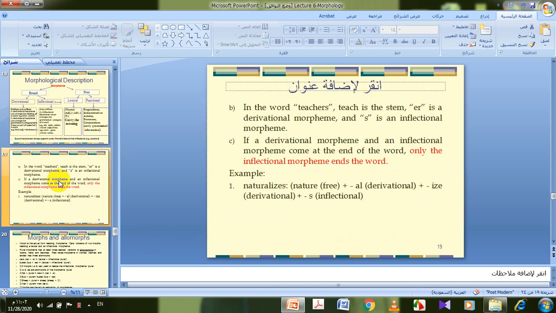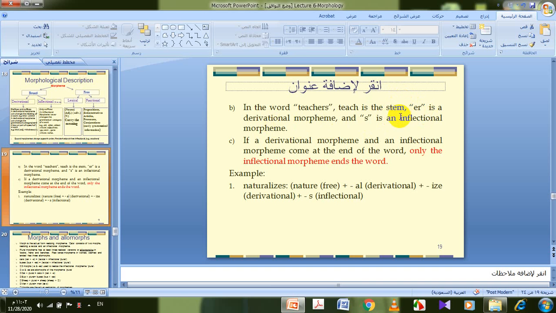In the word teachers, teach is the stem, the root, the base. It is a free morpheme, not bound. ER is a derivational morpheme. Why? Because when we add ER, we derive a new word, teacher. Happy, unhappy, happiness, happily, right?